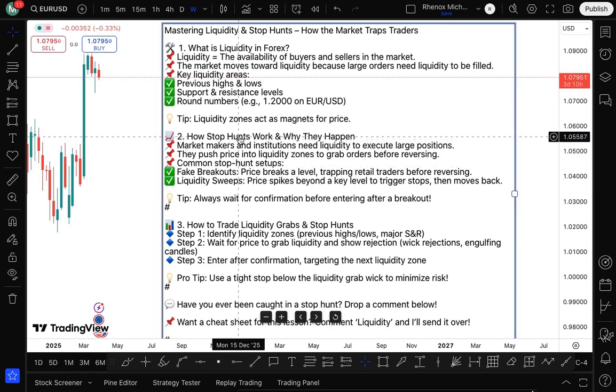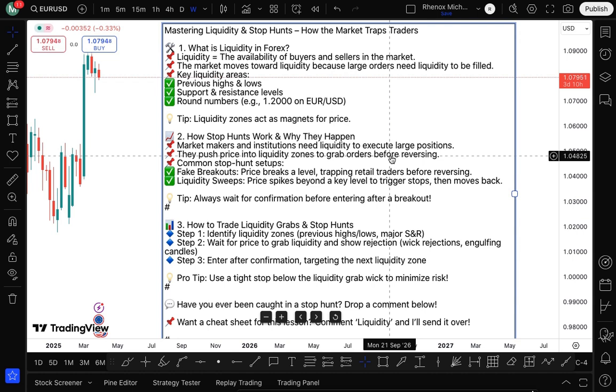Now, how stop hunts work and why they happen. Market makers and institutions need liquidity to execute large positions, like we said earlier. So they push price to those liquidity zones, grab their orders, and then reverse in the opposite direction.